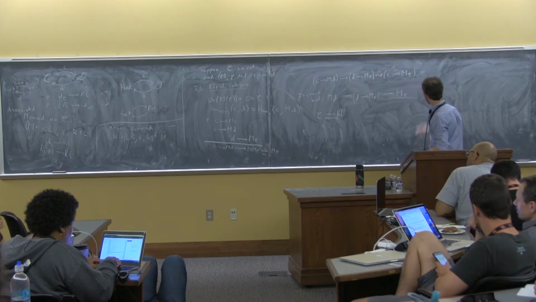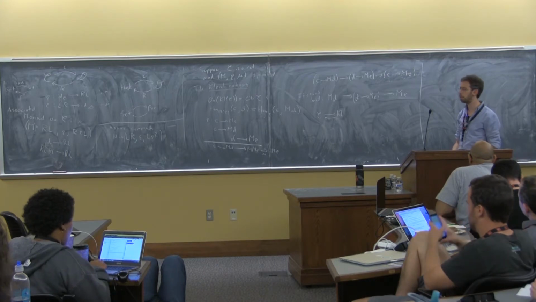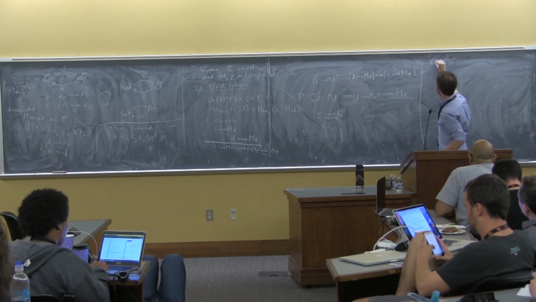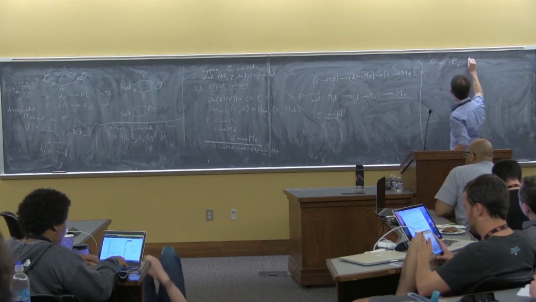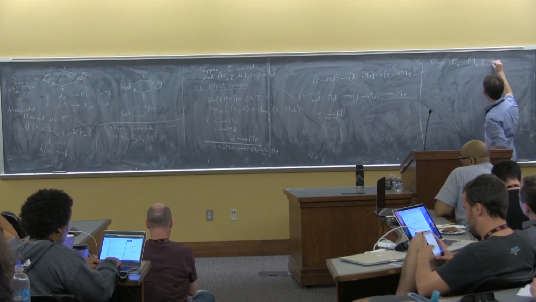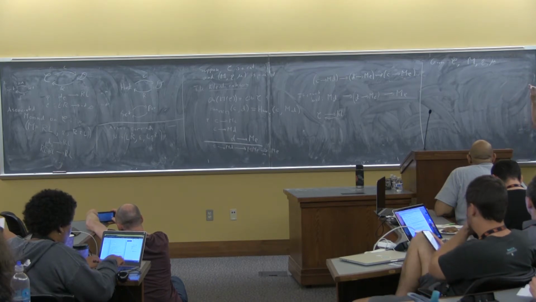Okay, so there's another category you can associate to a monad, and that's the Eilenberg-Moore category. So given C and this M with the unit and the join, to a category theorist, or at least to me, unit and join is more basic than bind.